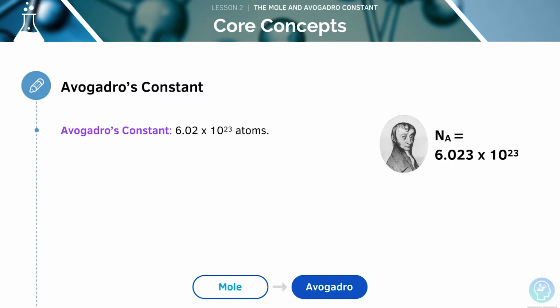The Avogadro constant is simply a number. It is equal to 6.02 times 10 to the 23 atoms. It is also the number of particles found in 1 mole. These can be atoms, molecules, ions, or electrons.